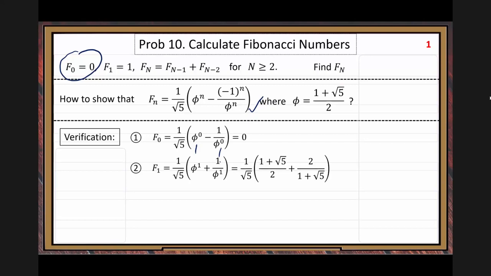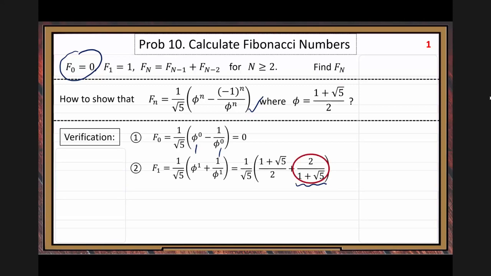The second one, 2 over 1 plus root 5. When we see a fraction like this, where the denominator is an irrational number, we have a standard technique. We can simplify it. Okay?